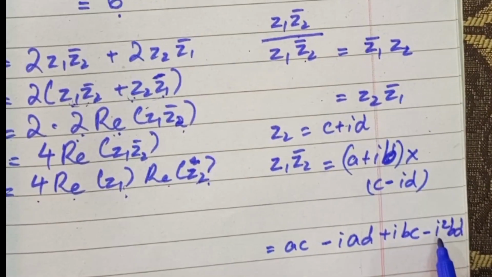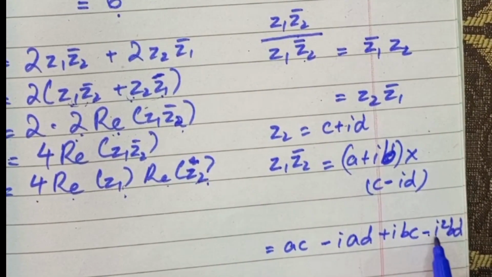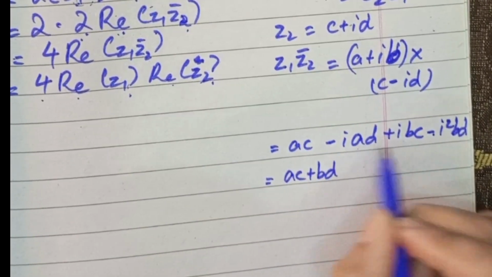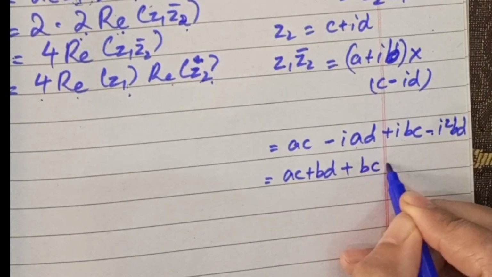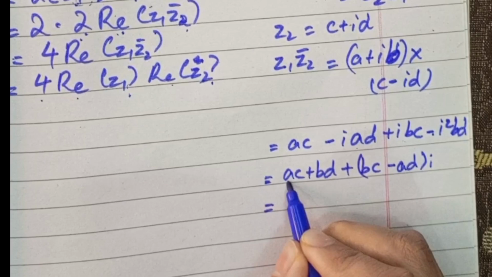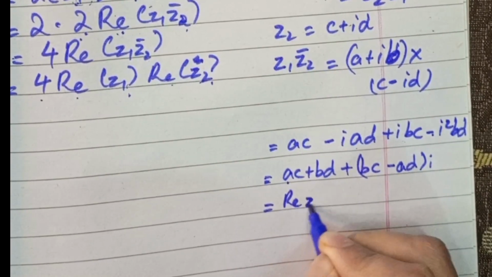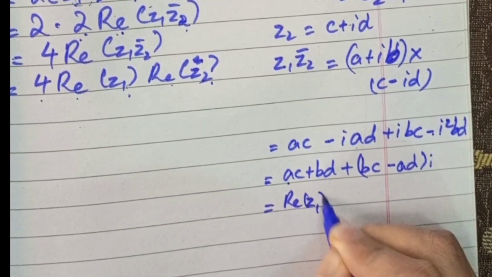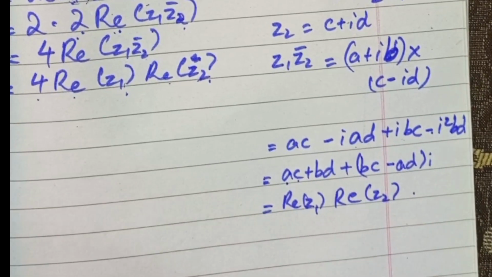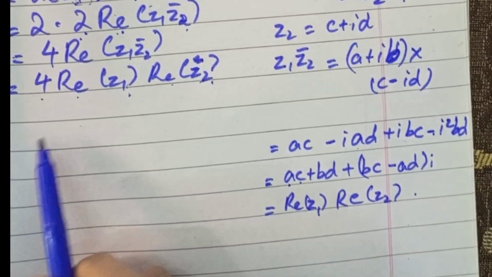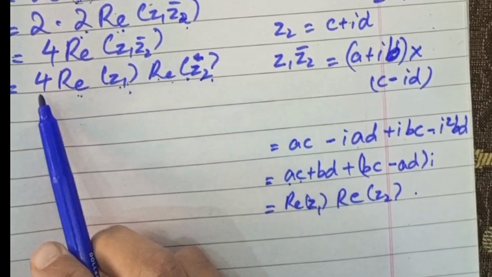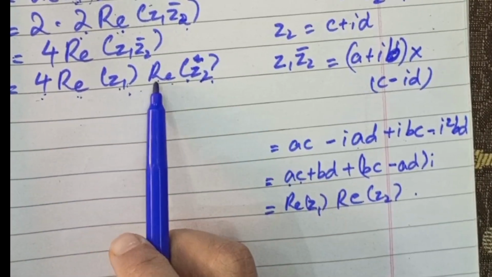Iota square is always equal to minus 1, and minus minus is plus, so this is plus bd. So ac + bd, and taking iota common from the other two, (bc − ad) iota. As you see, in ac, a is the real part of z1 and c is the real part of z2. So it is written here: real part of z1 and real part of z2. This is how we will get the result of this proof.